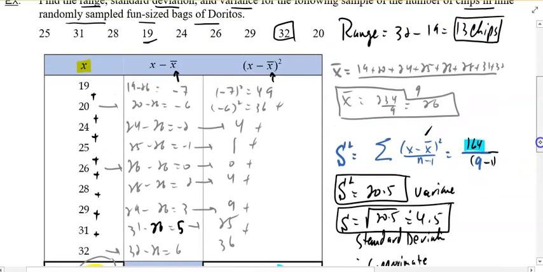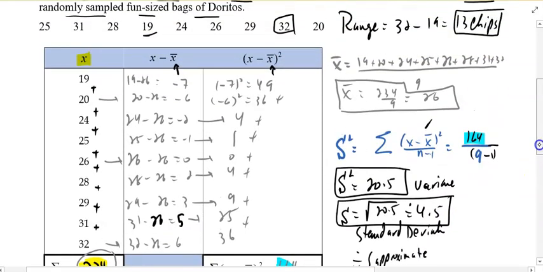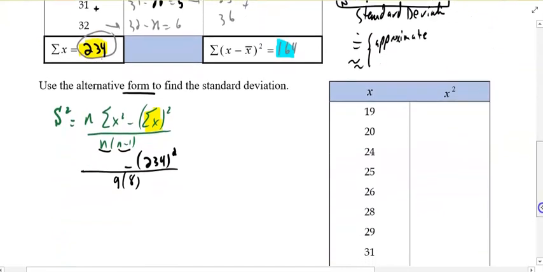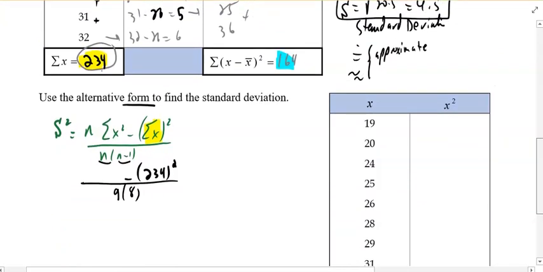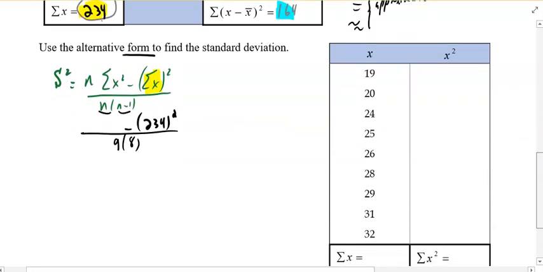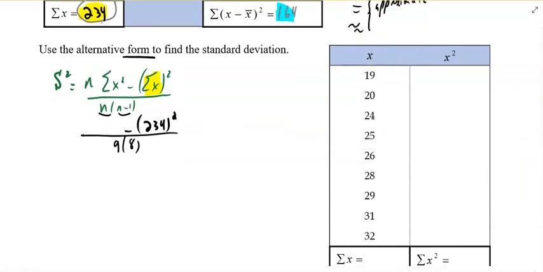Okay, so this is the original. This is the alternative. To do the alternative, I need this value. And that's what we're going to do right here.